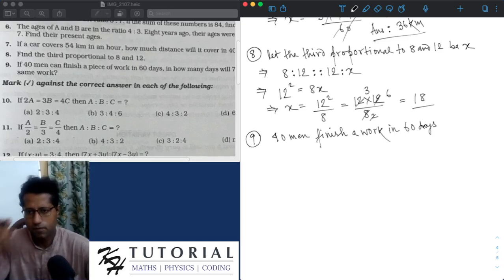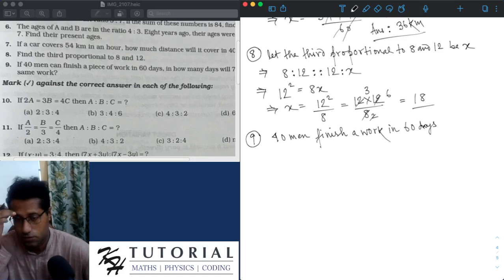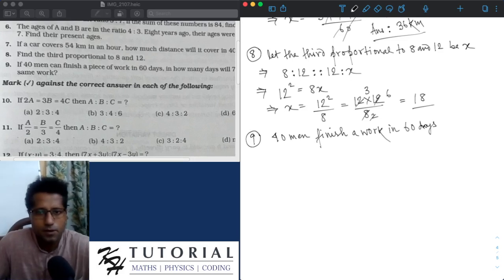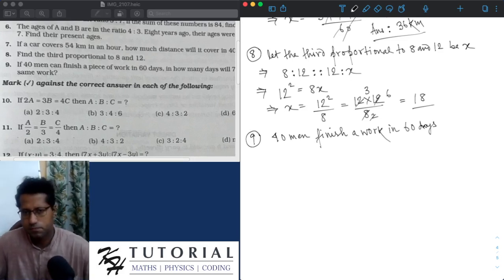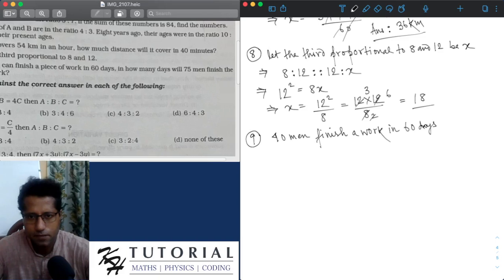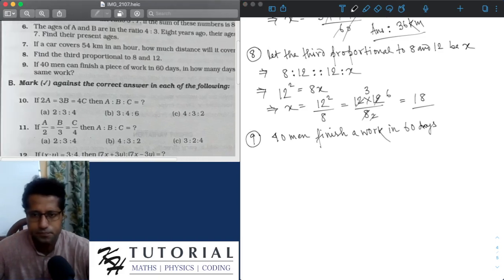See, 40 men do the work, they finish the work in 60 days, and it is asking in how many days will 75 men finish the same work.